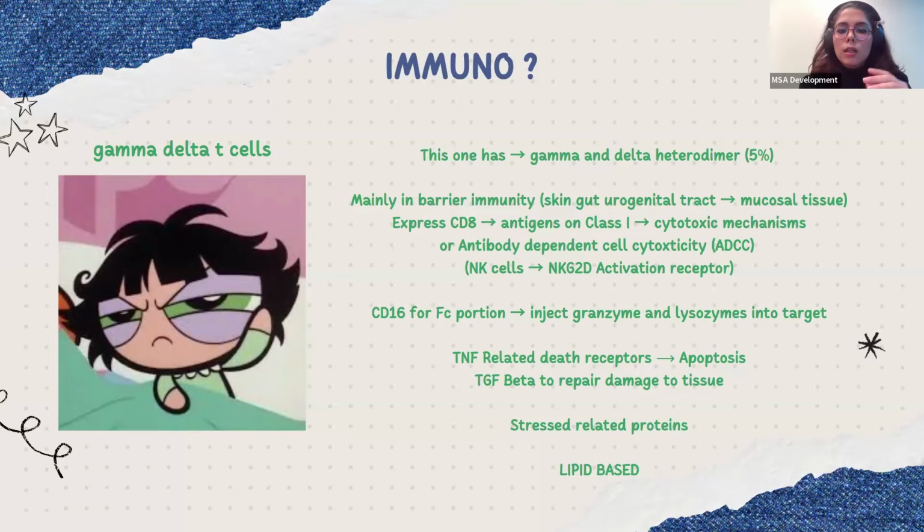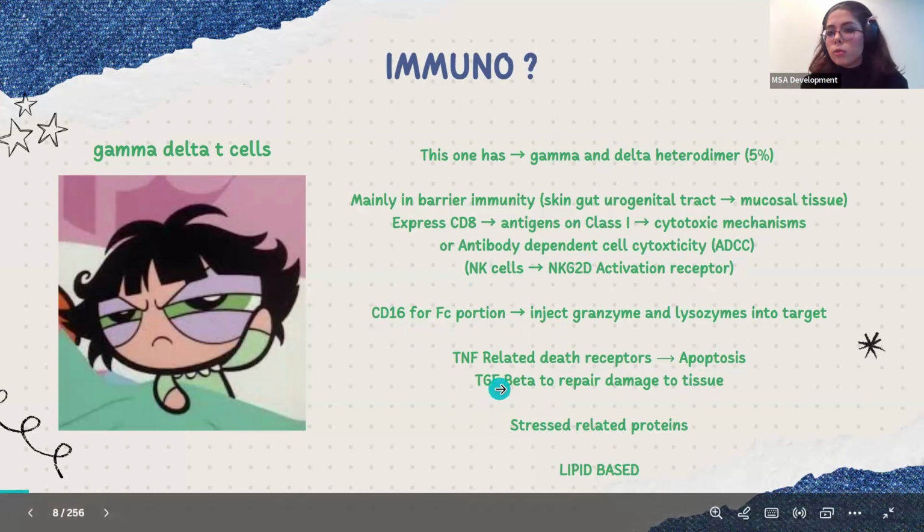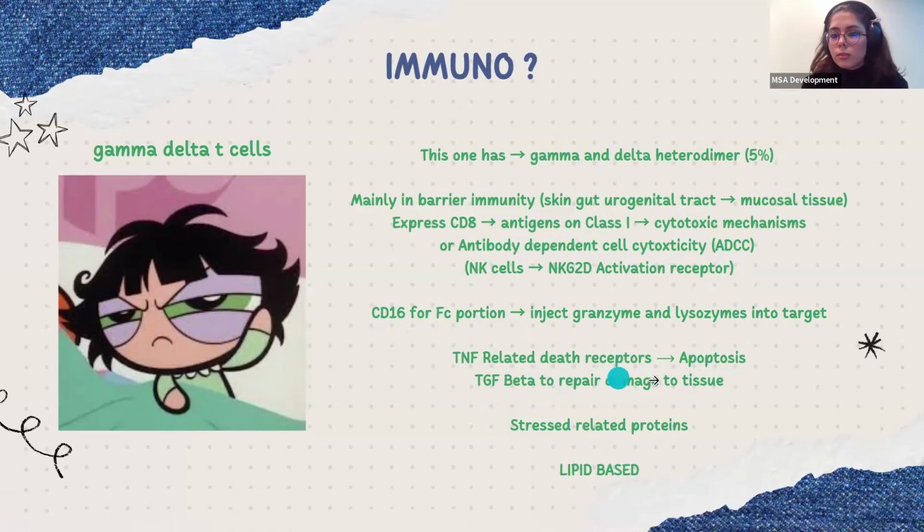They express CD8, antigen class 1, cytotoxic mechanisms, or antibody-dependent cell toxicity. This not really, again, added for completion. CD16 for the Fc portion, they inject granzyme and lysosome. So they're not really differentiating and becoming like, I'm going to make this specific antibody. No, they're just trying to kill whatever is there. TNF, tumor necrosis factor related death receptors, they cause apoptosis.